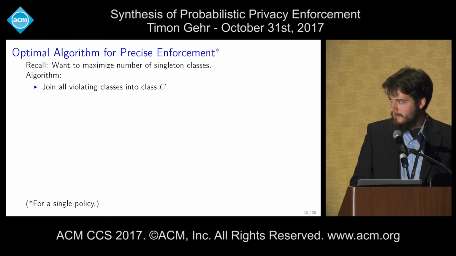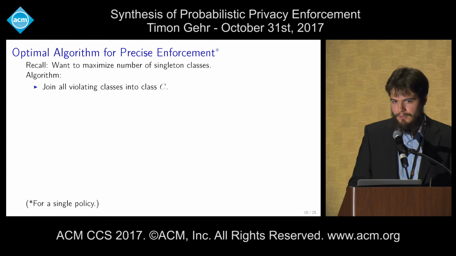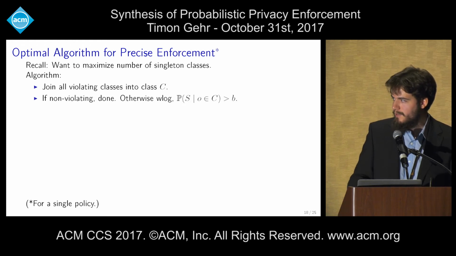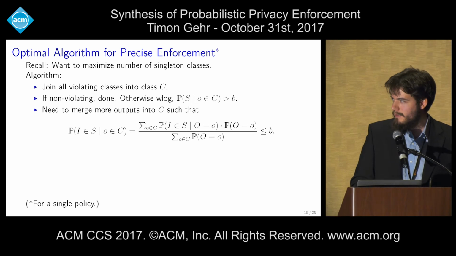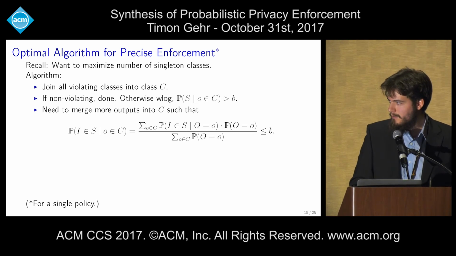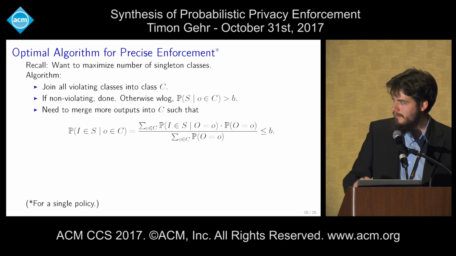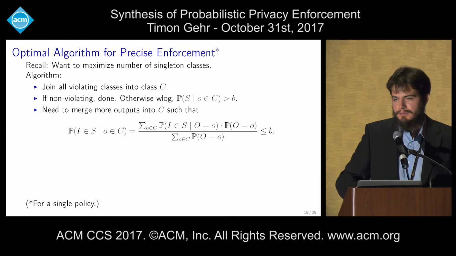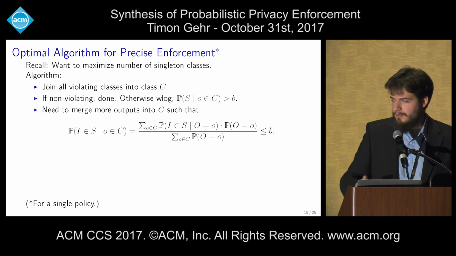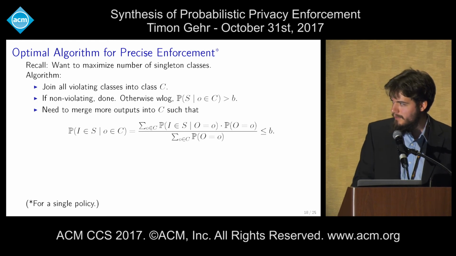How we're going to start is by picking all the violating classes, so everything that is red in the diagram, and merging them into one equivalence class. Now, if this equivalence class is non-violating, then we are done, and this is an optimal solution. Otherwise, we're going to assume without loss of generality that the class is violating by going above B. Otherwise, we could just flip everything around and proceed in the same way.